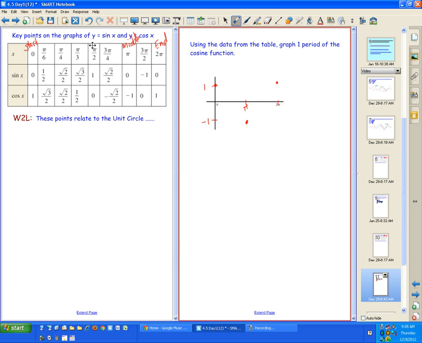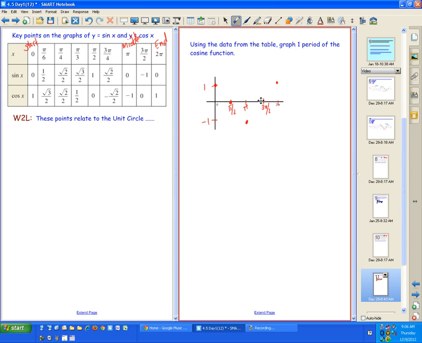These are always the points that I'm going to use if I'm using a standard period of 2 pi. I'm going to use these 5 points of 0, pi over 2, pi, 3 pi over 2, and 2 pi. And so at pi over 2, I'm at 0, and at 3 pi over 2, these guys end up being my intercepts, I'm at 0.